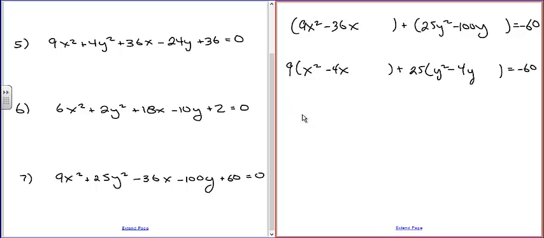Okay, this one's actually easier because there's no fractions involved. So we're going to have negative 4 divided by 2, squared, which is negative 2 squared, which is 4. So we add 4 inside the parentheses, but we're really adding 36. 9 times 4 is 36, so we have to add that to both sides. Do the same thing over here.